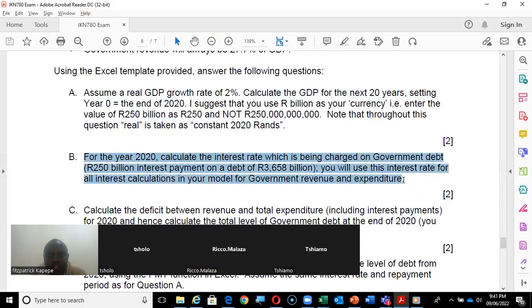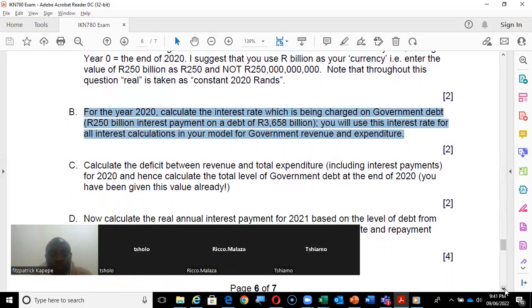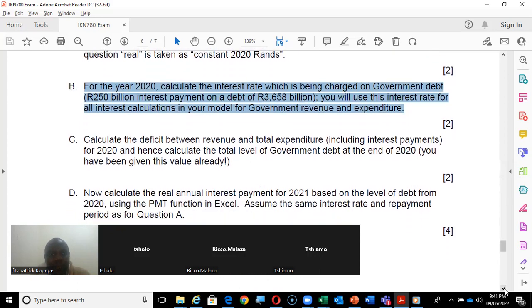You use this interest for all interest calculations in your model for government revenue and expenditure. So we know the debt is 3950 as of 2020. Did they maintain that debt? There's no debt service other than just paying interest, they're not paying any amortization, which is dangerous.